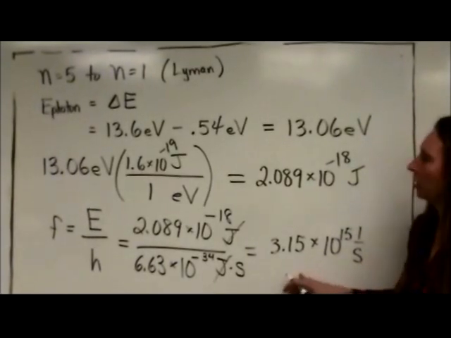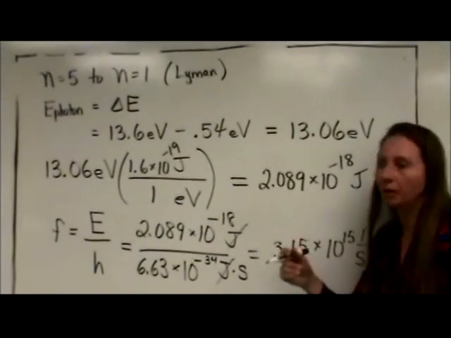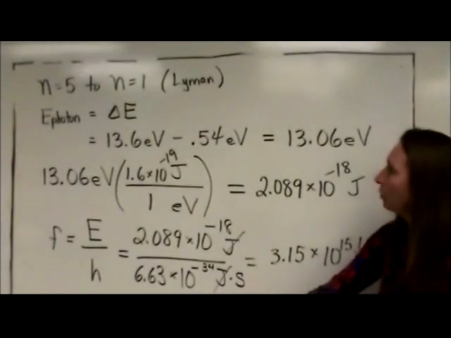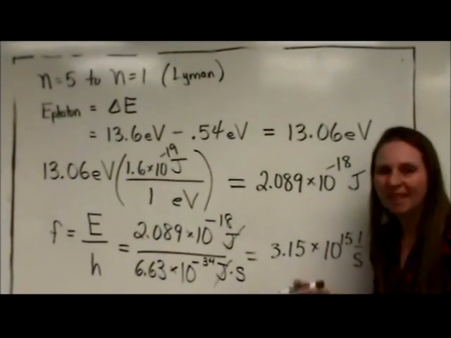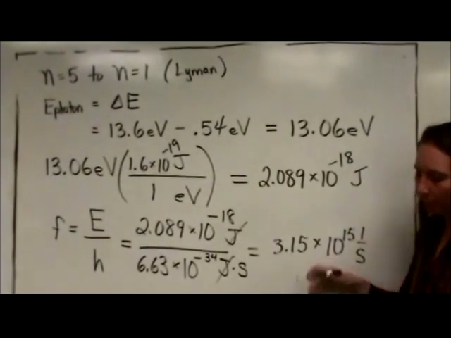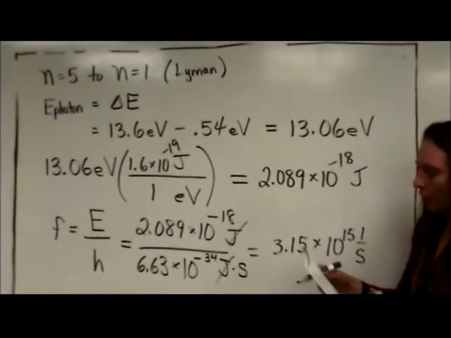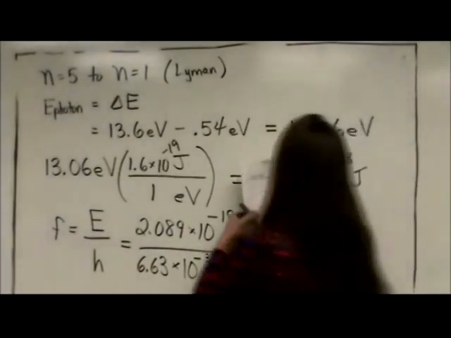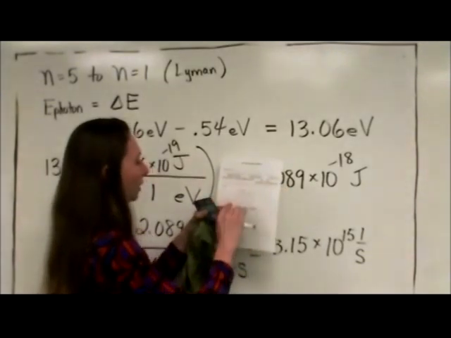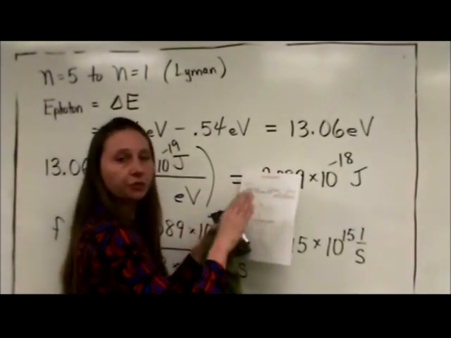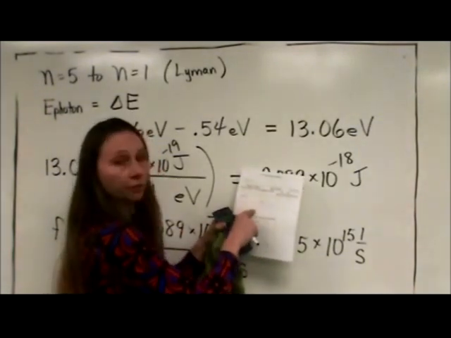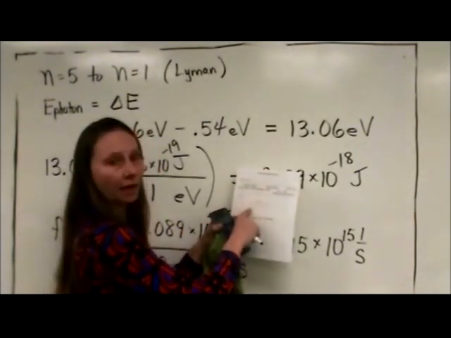This is the frequency of the photon that was emitted when the electron fell from n equals 5 down to n equals 1, when energy was emitted in the form of a photon. Now, we want to identify what type of photon this is. So we go to the chart, the electromagnetic spectrum. The highest frequency for the visible light is 7.69 times 10 to the 14. That's on the left side of violet.